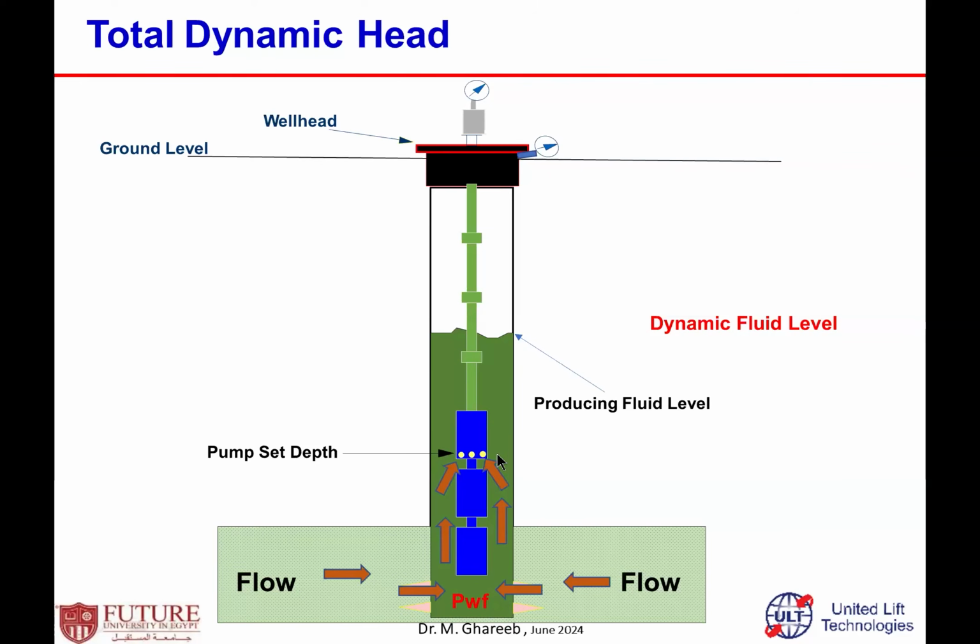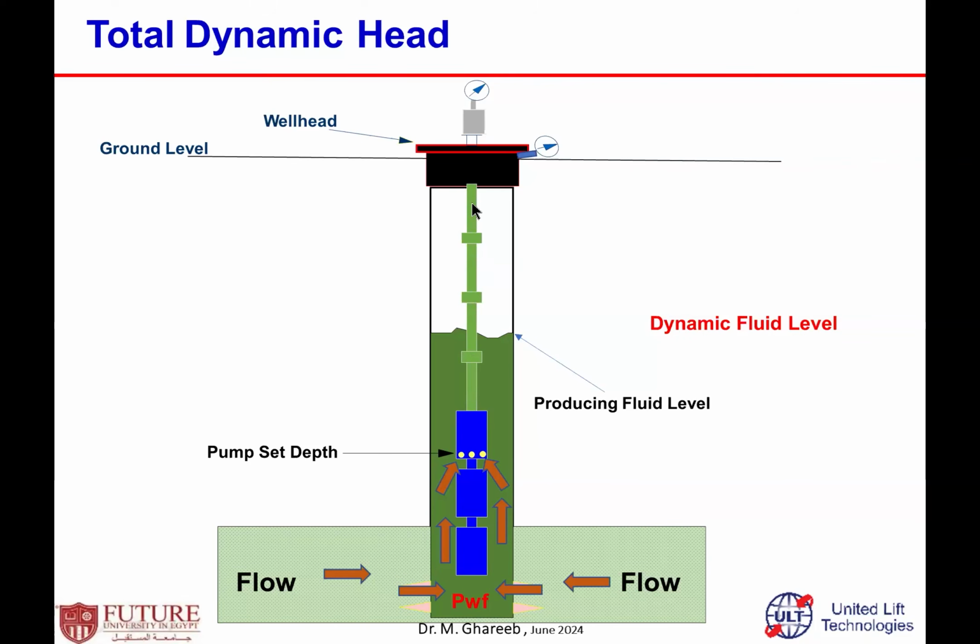After that, we need this pump to generate pressure to lift fluids to the surface with a certain wellhead pressure, and meanwhile overcome the hydrostatic head inside the tubing and the friction loss.